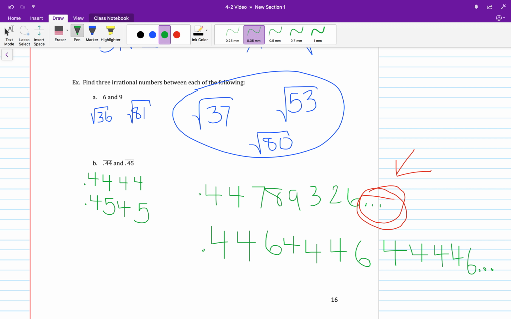I cannot write this under the repeating bar. That's what makes it irrational. So I can come up with a crazy digit like this one that has no sort of pattern. And I can come up with a decimal like this one that kind of has a pattern, but it doesn't repeat. I can't write it under the repeating bar. I do have to remember anytime I'm going to write the decimal representation to make sure to include the ellipsis on the end so I know that it's an irrational number.